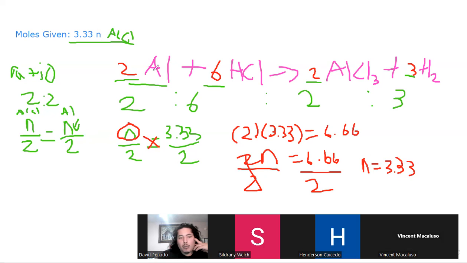So that means the aluminum here is the same ratio as the aluminum chloride: 3.33 moles. That's the way of the professor. Well, Hope, do you get it now? I have a question because I got that answer, but I don't know if I did it the right way.